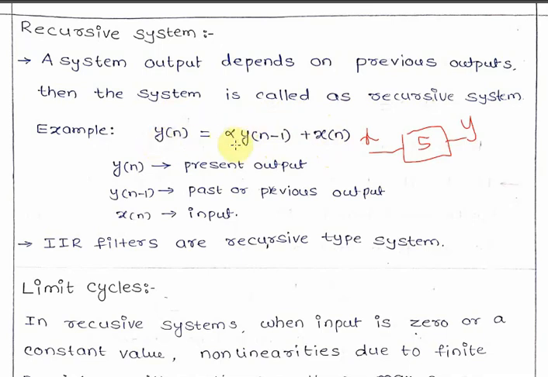This is the difference equation. It represents a recursive system: the present output y of n depends on past output. Then we can call this system a recursive system. IIR filters are recursive type systems.